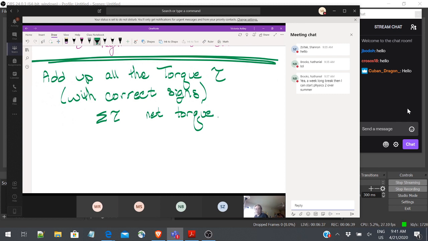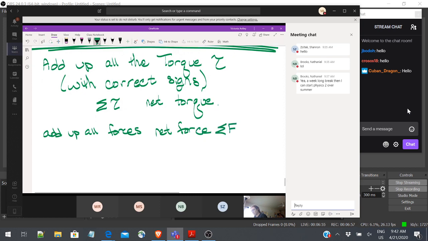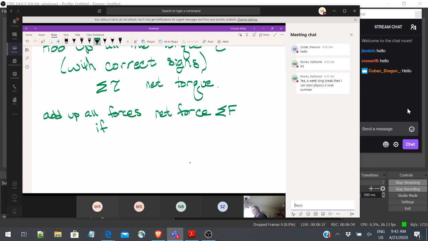So if you think back to several chapters ago, if we added up all the forces, we would get the net force, right? And if our net force is equal to 0, that was equilibrium, right?